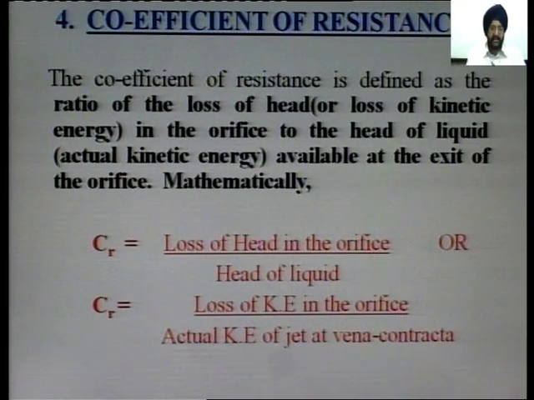Or the second definition: it is the loss of kinetic energy in the orifice upon the actual kinetic energy of the jet at vena contracta. So, with the help of both these mathematical expressions, we can calculate the value of the coefficient of resistance.